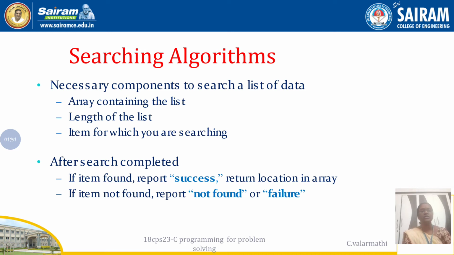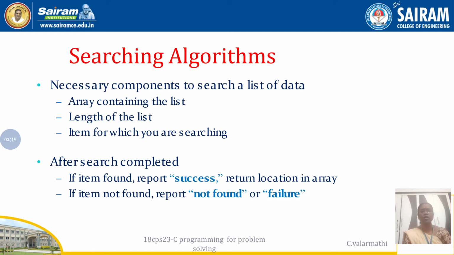Okay, so now we have the three inputs. Then we perform searching according to some logic we are following. Then what may be the results? Either we will get a success result or a failure result. That means if the item is found in that list, we will get a success result, or else we will get a failure result. So these two are the possibilities in a searching algorithm.